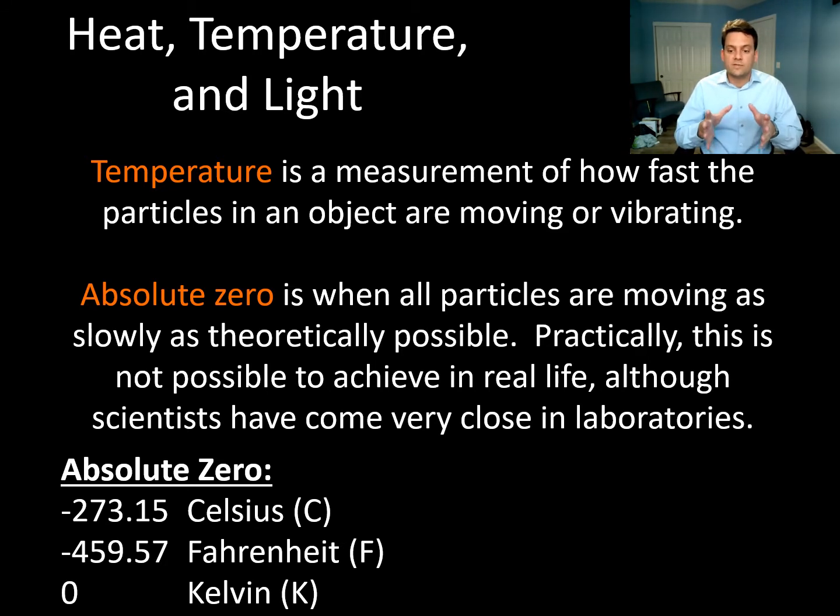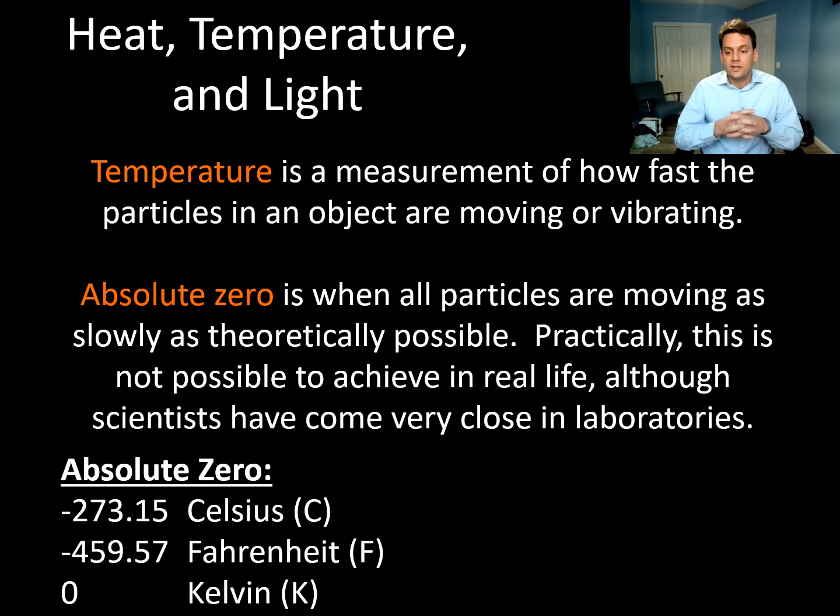To give you a sense of how cold that is, it's equivalent to 273 degrees Celsius below zero and change, as you can see here, or almost 460 degrees Fahrenheit below zero. So it's really cold.